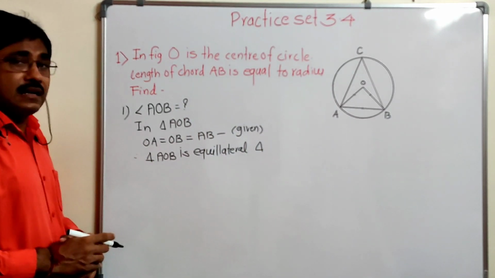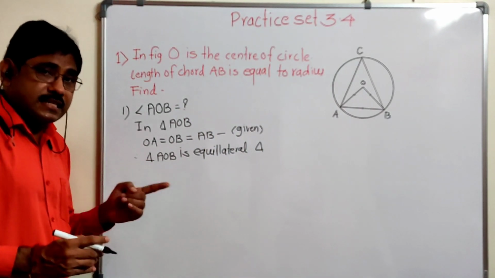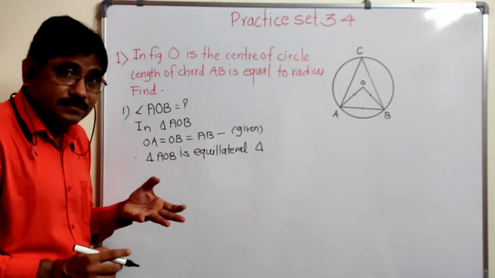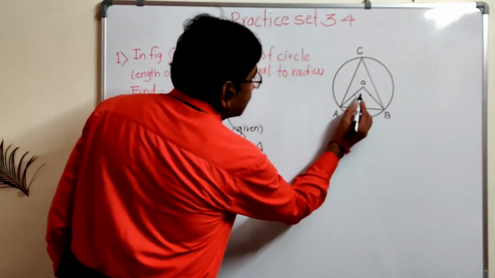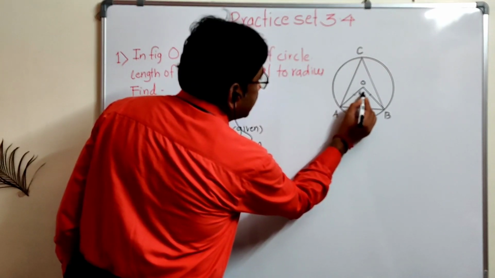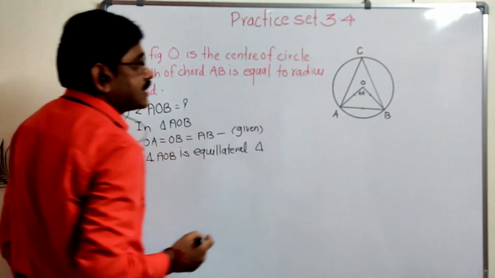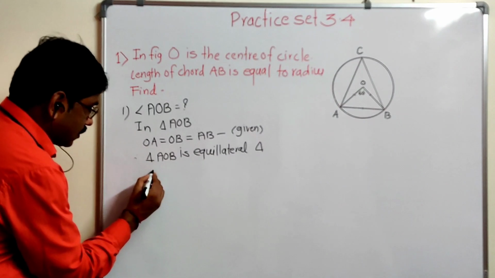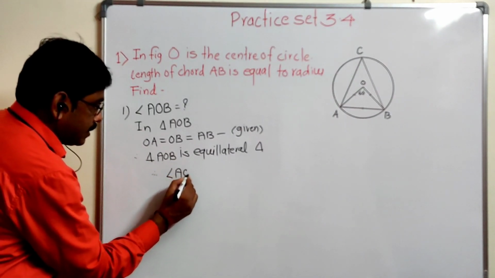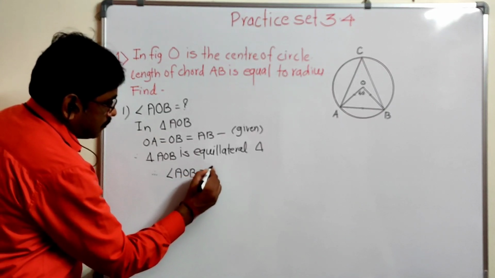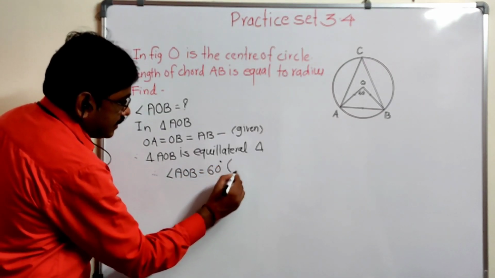Now in an equilateral triangle, you know all three sides are congruent as well as each angle is of 60 degree. That's why angle AOB is equal to 60 degree.